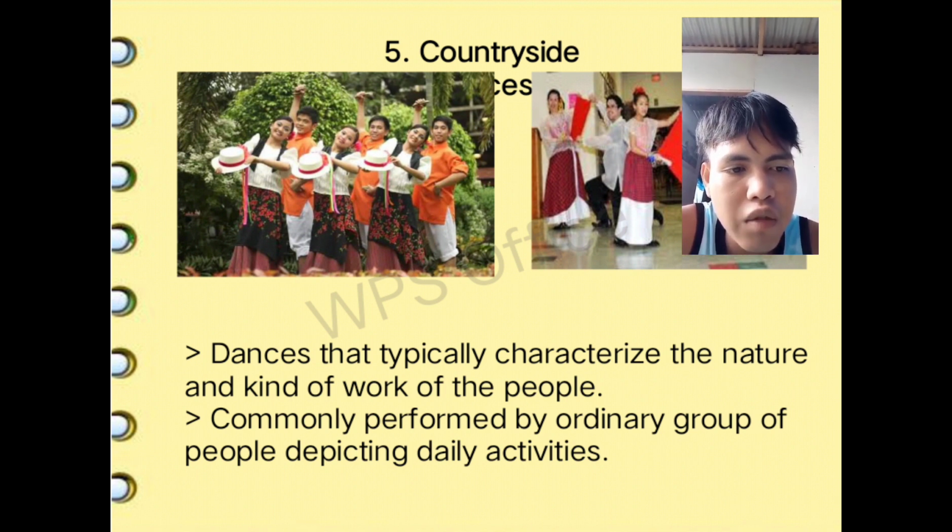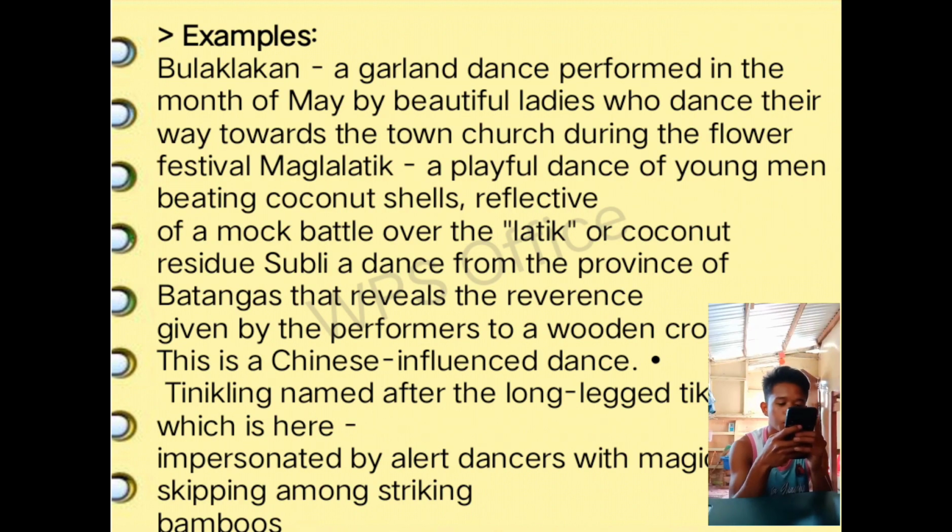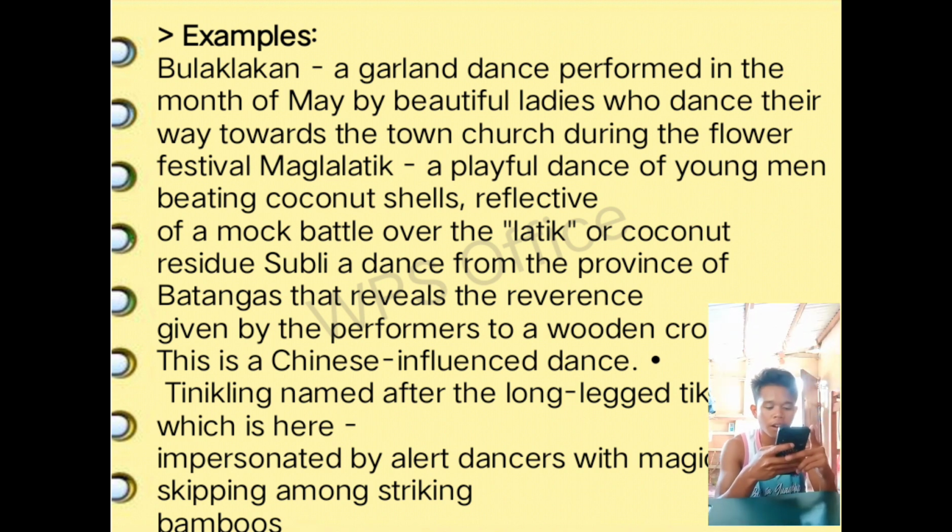Number 5, countryside dance. Dances that typically characterize the nature and kind of work of people, commonly performed by ordinary groups of people depicting daily activities. Examples: Bulaklakan, a garland dance performed in the month of May by beautiful ladies who dance their way towards the town church during the flower festival.